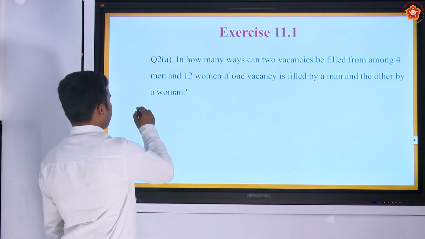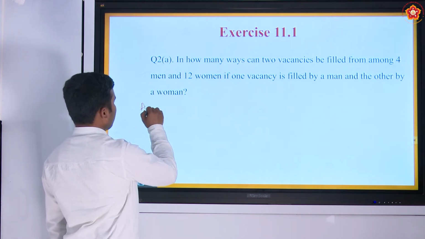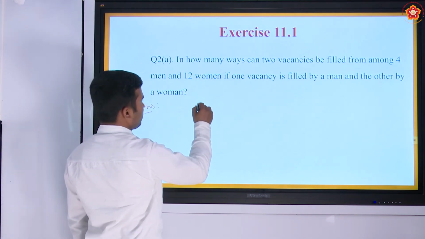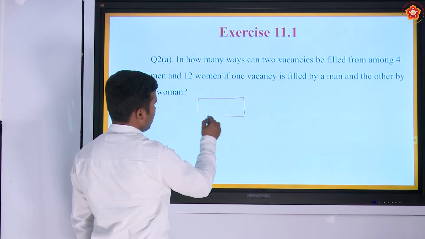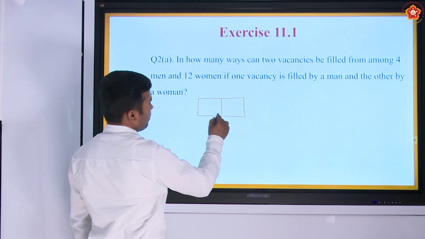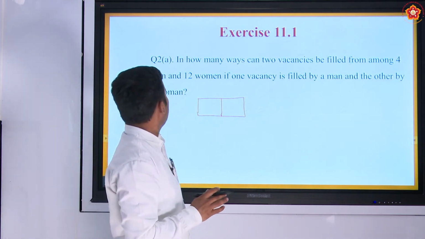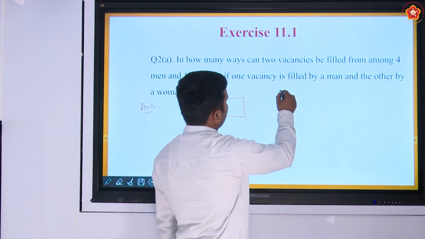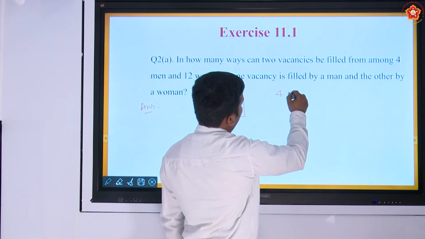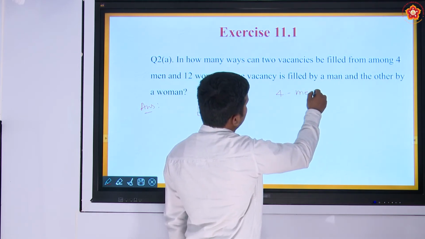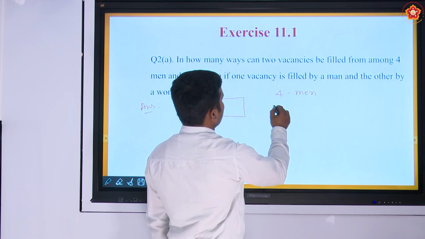Here there are 2 vacancies, and we have 4 men and 12 women.